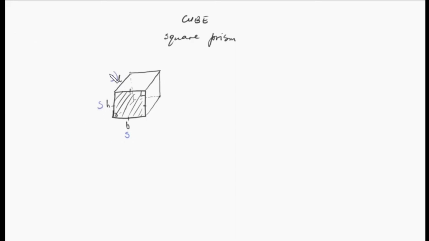So this side, we just use one letter S because we are saying the same, equal side. Okay. Now, when you draw the net of this cube, the net has to show all the faces. So there are 1, 2, 3, 4, 5, 6 faces. So we are going to show the faces like this.